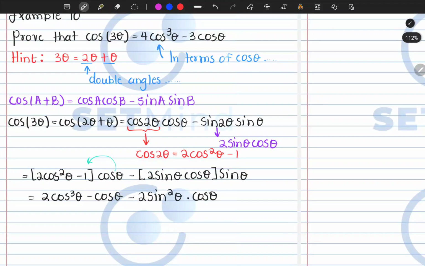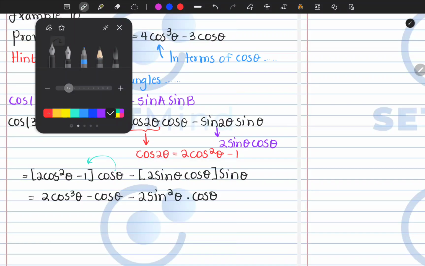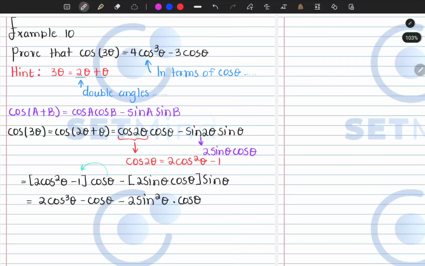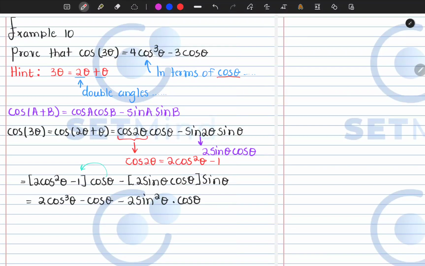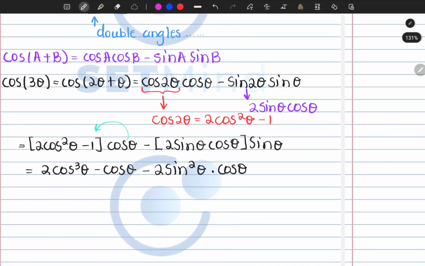So we're getting there, but now the issue is that we now have a sine squared theta. But when we look at our answer, it is in terms of cos theta. So what you should remember, something we learned earlier, is that sine squared theta can be written as 1 minus cos squared theta. Very important.